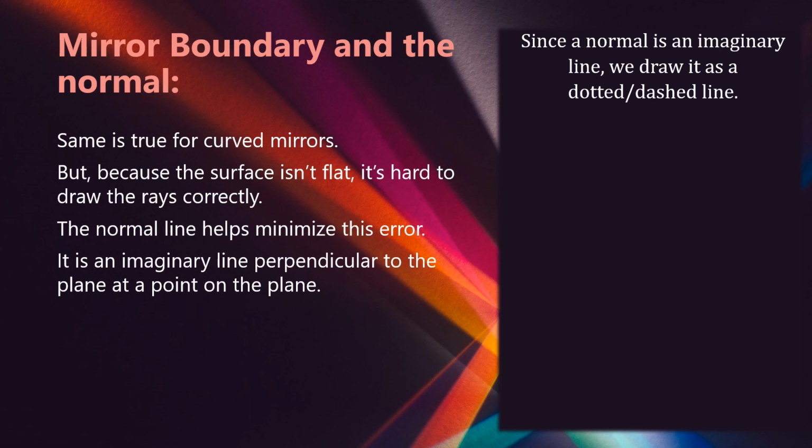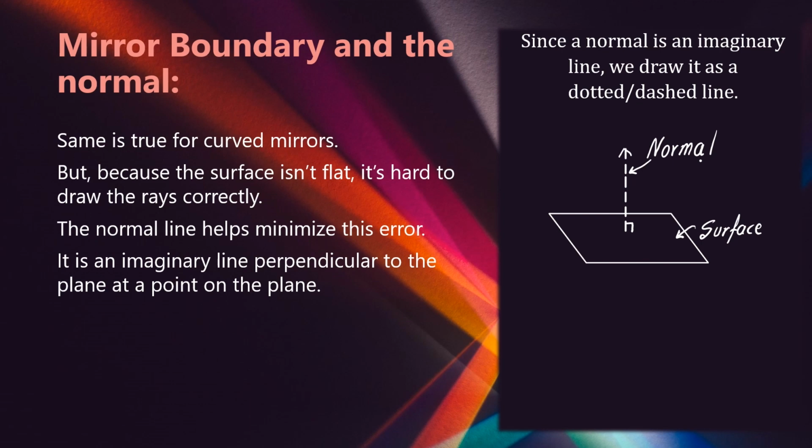The normal is a line perpendicular to the plane at a point on the plane. You might have heard of this in your math classes, but you might not have. If you look at a flat surface, the dotted line is the normal at a point, and that line makes a 90-degree angle to the surface.